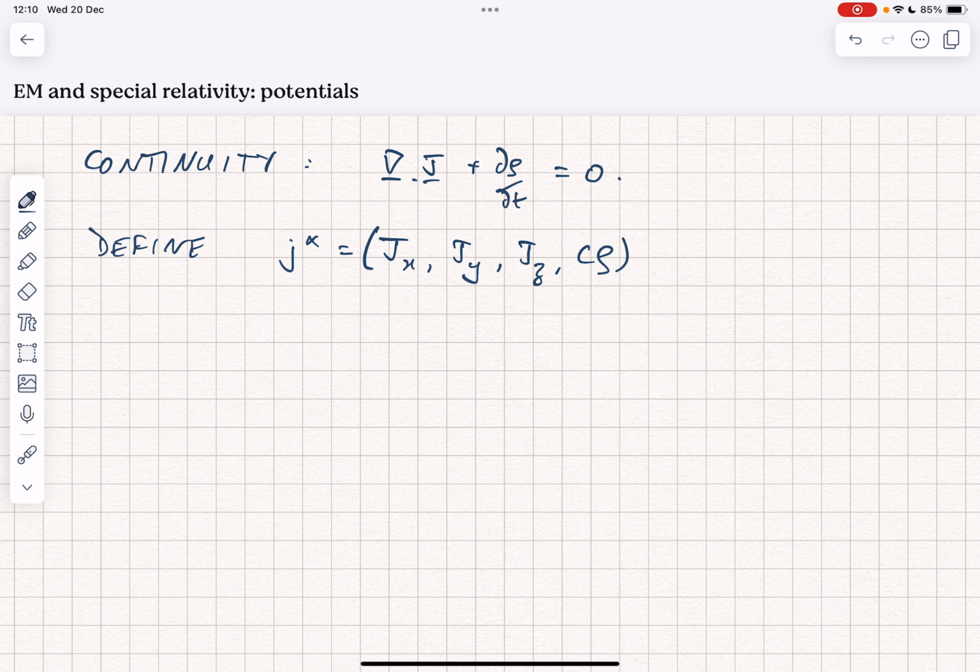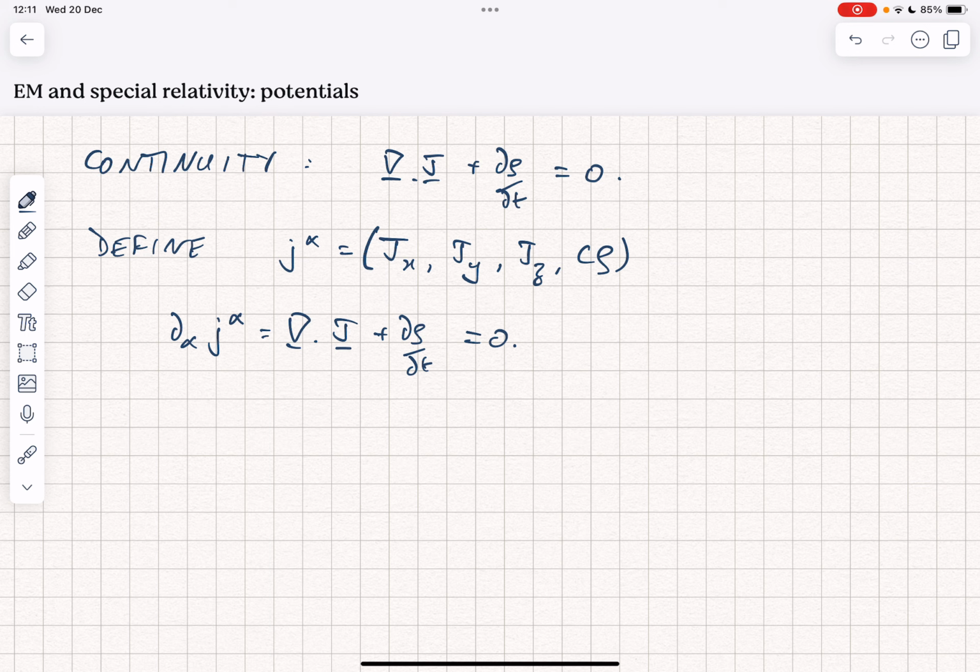So having defined that, we can now write d subscript alpha J superscript alpha, which is just going to be the divergence of J plus d rho by dt is equal to 0. In other words, the continuity equation itself is invariant and can be transformed between reference frames.